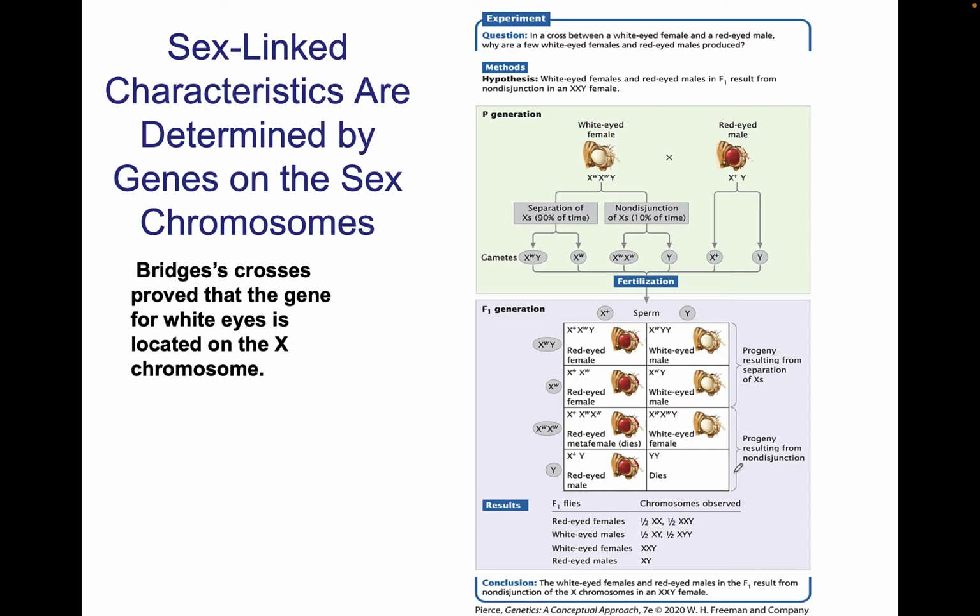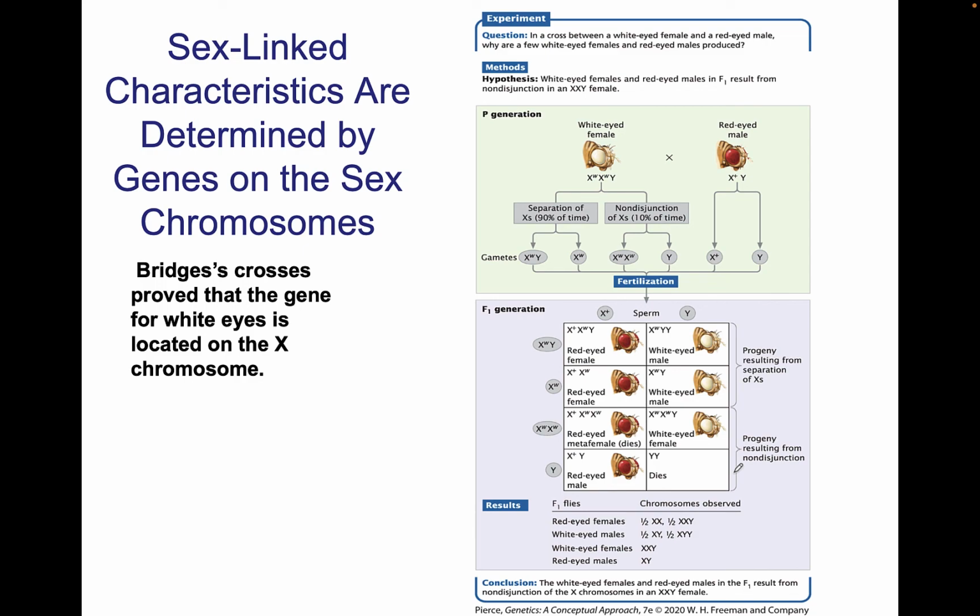So to further understand this phenomenon of this small amount of males showing up with white eyes, in comparison to the stark amount of red eyes in females, one of Morgan's students named Calvin Bridges set out to investigate the genetic basis for these exceptions.